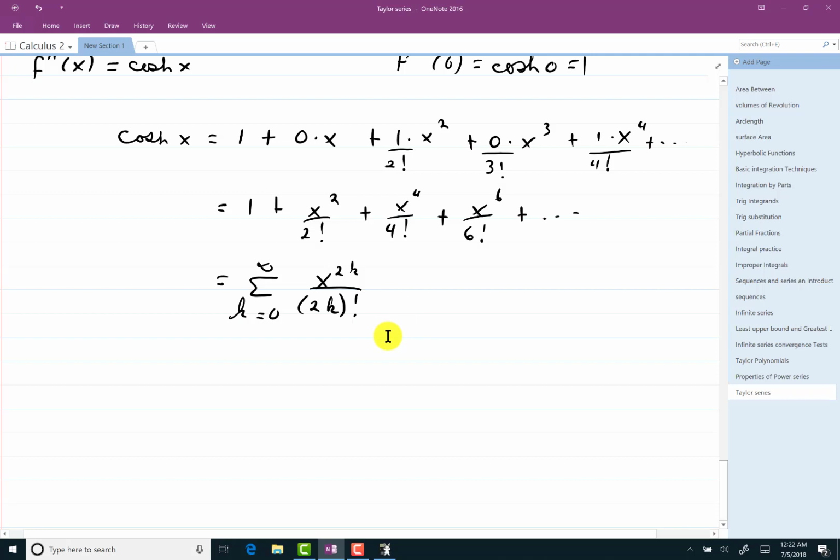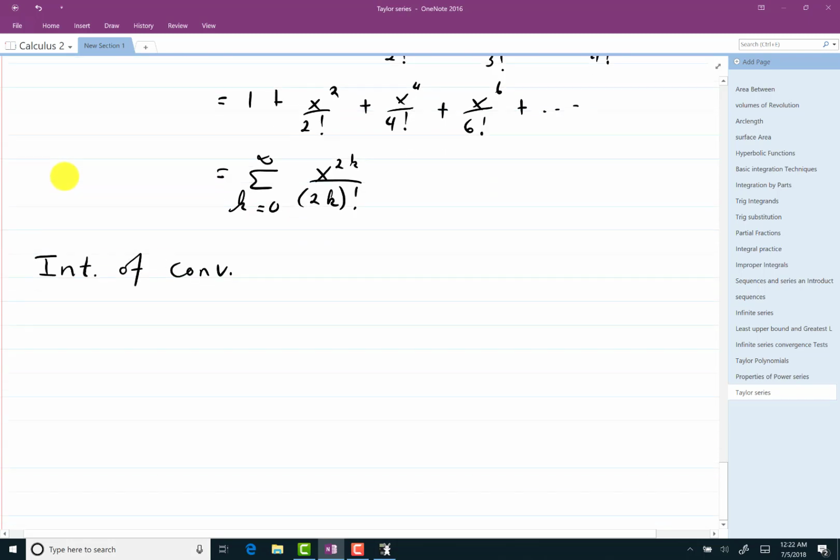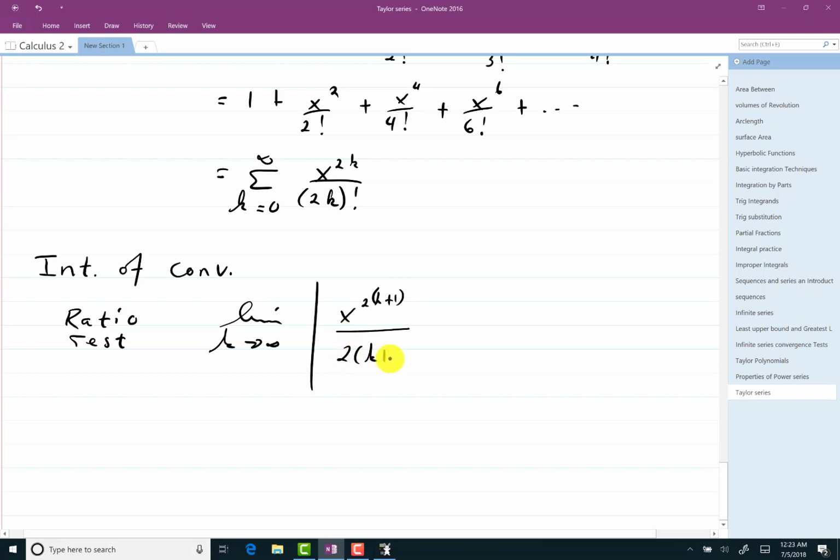Now, some of the things here that we need to check are what is the interval of convergence? So we do the same thing as we always have. The ratio test is preferred here because it's not just powers. So the ratio test will give me the limit as k goes to infinity, absolute value of x to the 2k, but k is replaced with k plus 1. And then I have the kth term.